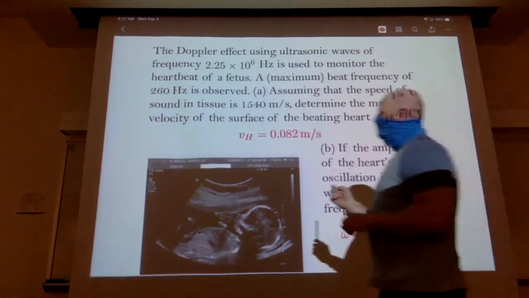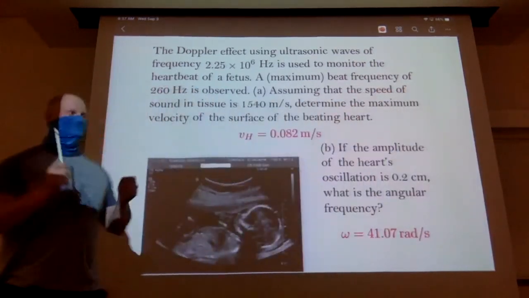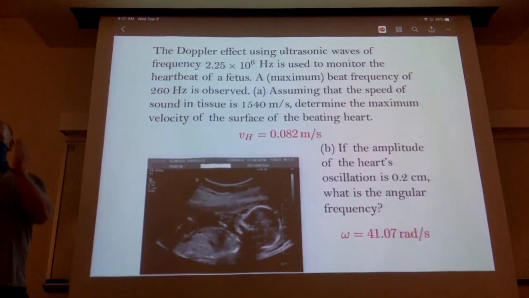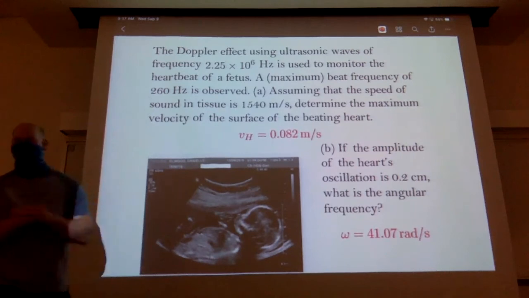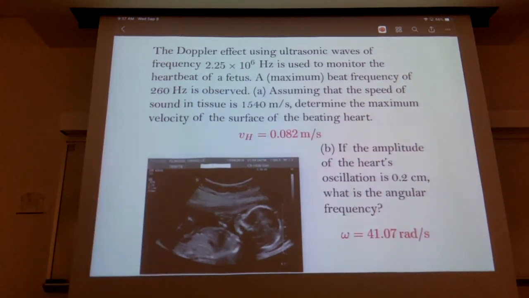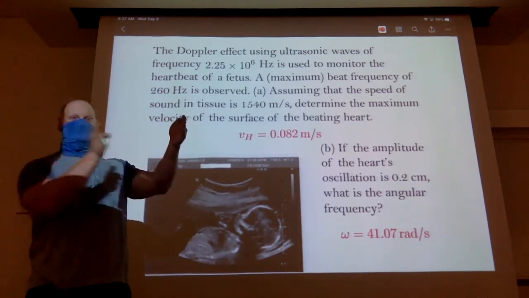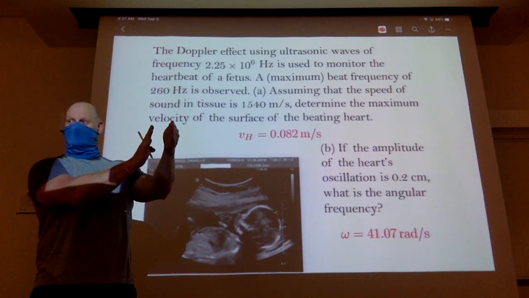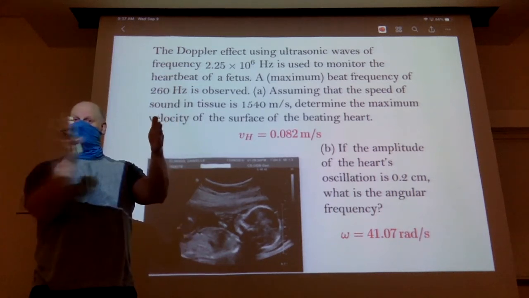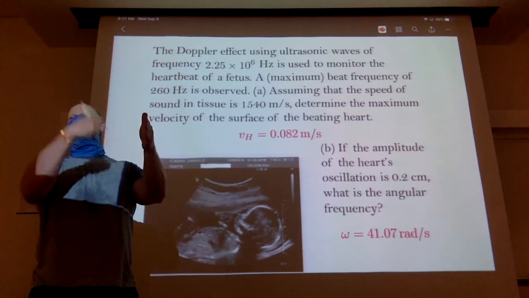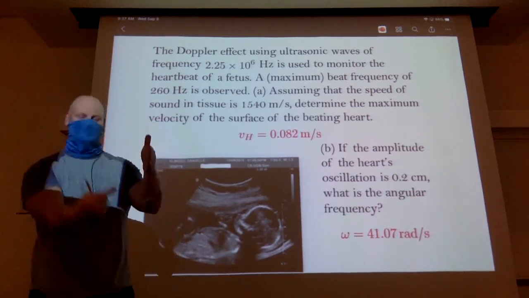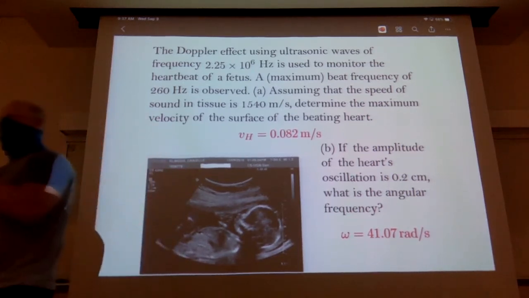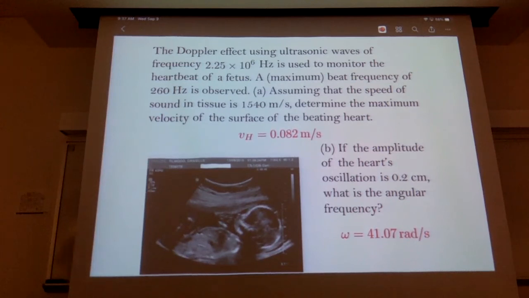The ultrasound system itself is taking a beat frequency between the original wave going out, which is 2.25 megahertz, versus the secondary Doppler shifted wave. As the heart moves, it sees a Doppler shifted wave coming in and reflects that wave, but the reflection is now Doppler shifted again, because it is a moving source.